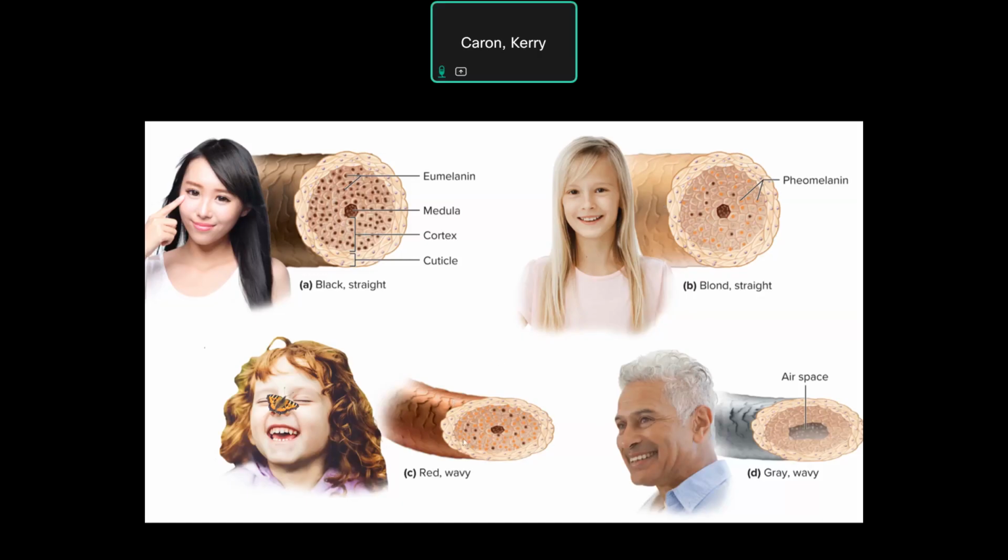We've got a more squished or flat hair shaft, so that makes it curvy, and we've got iron in that melanin, so she's got red hair. Here he's got wavy hair, so it's more of a flat shaft, and there's some airspace here, but less melanin is produced.